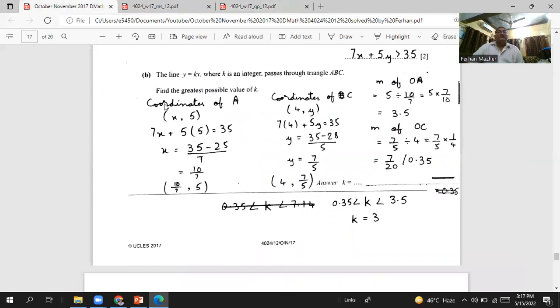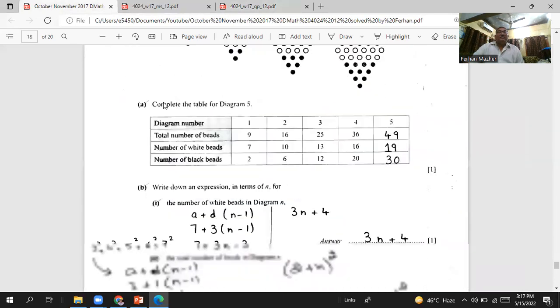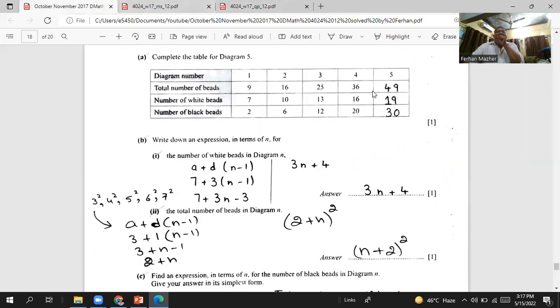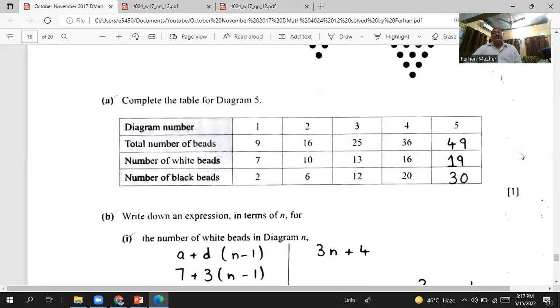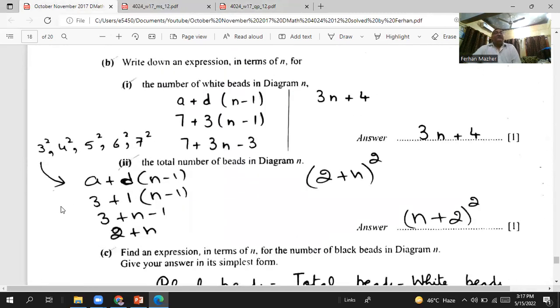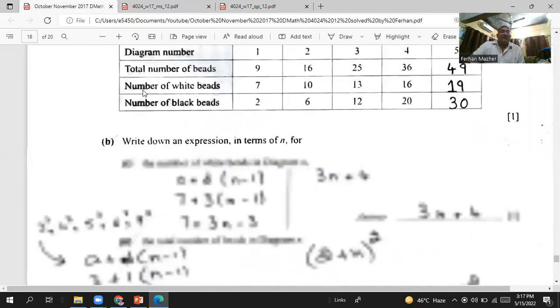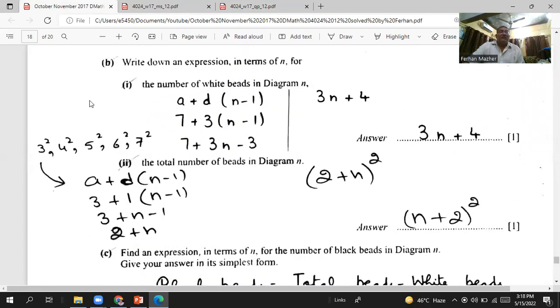So let me show you how you will fill this table. Now write it in terms of n. The total number of beads in the diagram are 9 and 16 and 25 and 36 and 49.